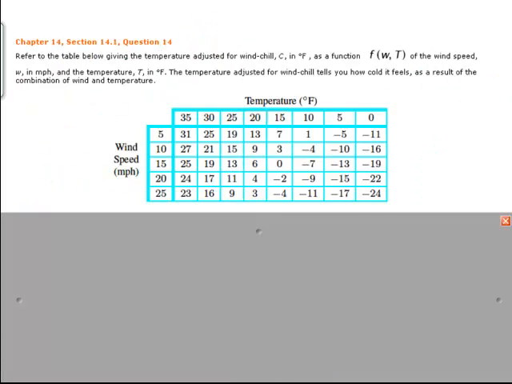All right, so now we have a table, and what it's looking at is the temperature that's adjusted for wind chill. So we've got the felt temperature as a function of wind speed and the actual outside temperature.